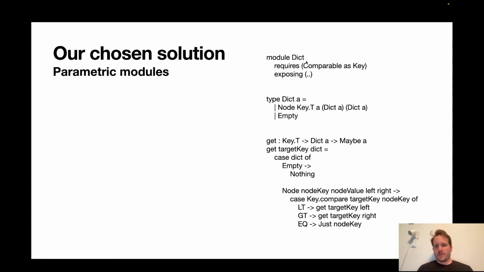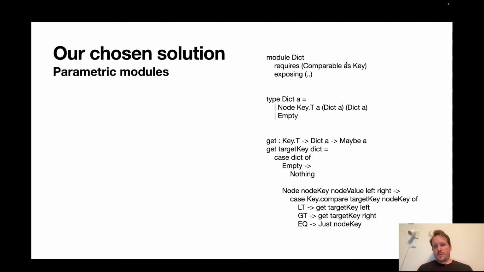We can define a module, and we can say that in order for this module to be used, it requires that the user passes in a comparable, which for the purposes of this code, we're going to reference as key. And then you can expose whatever you want.